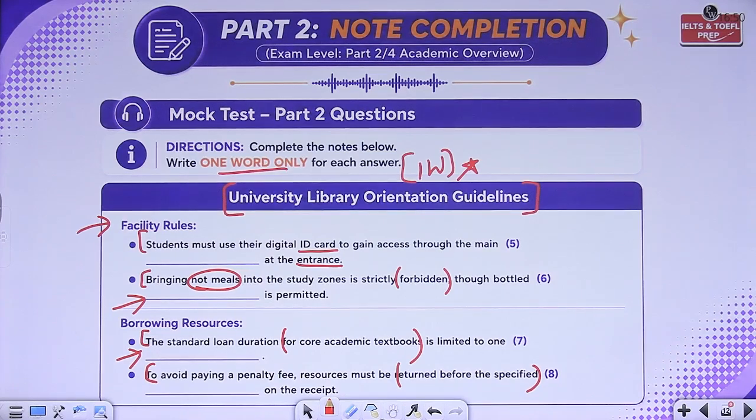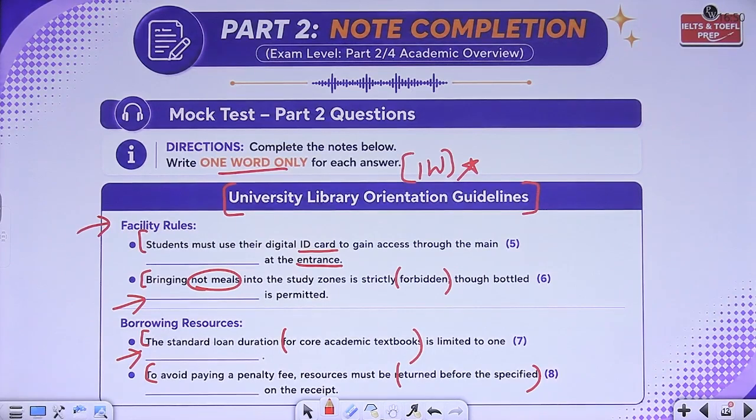Secondly, regarding behavioral expectations in our silent study zones. To preserve our historical collections, eating food is completely banned at the desks. However, students are allowed to bring personal flasks of water to stay hydrated while studying. Hot coffee, sodas, or juices are not allowed near the computer terminals.